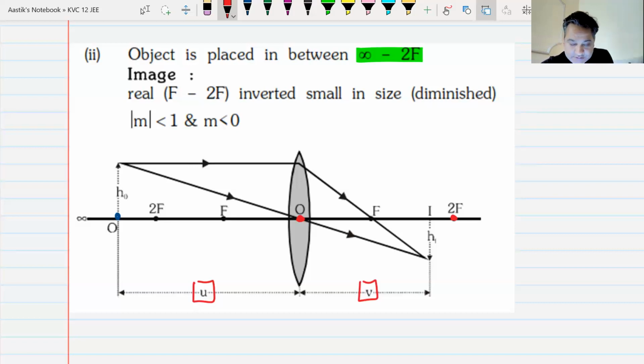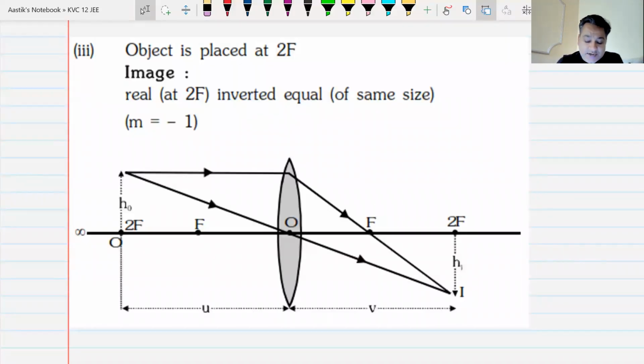And the next condition is when the object is placed, in case of a mirror, it was placed at the center of curvature. In the case of a lens, it is placed at 2f on one side. You can see the object placed here at 2f on one side.